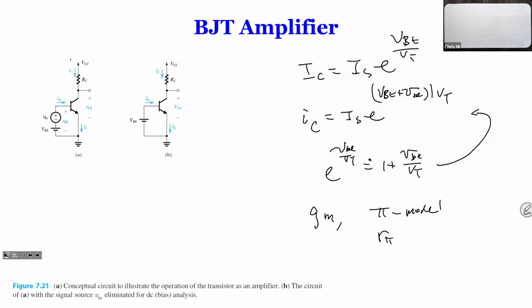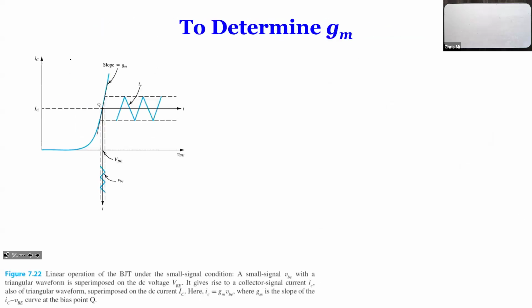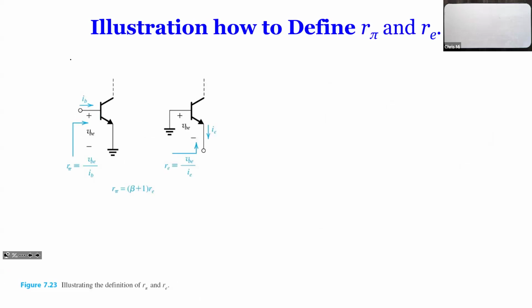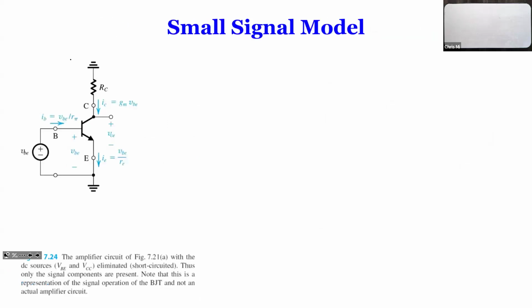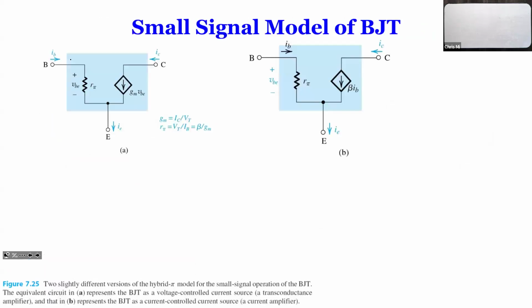Today we're not going to derive that anymore because we did that, as I said. What we're going to do is look at how to get from this pi model to the T model.